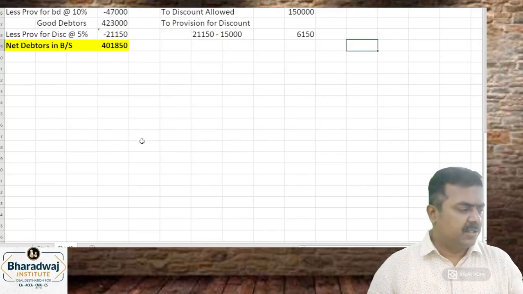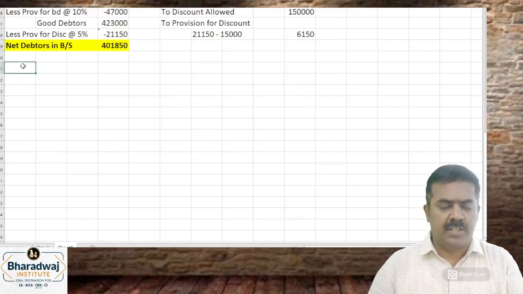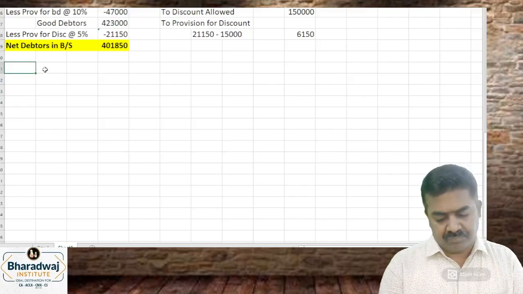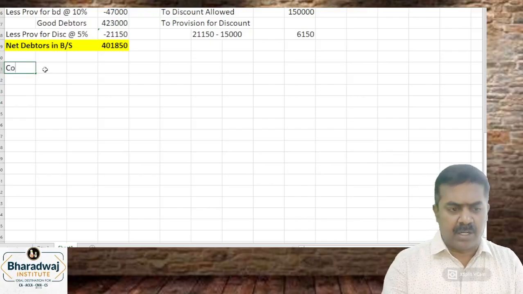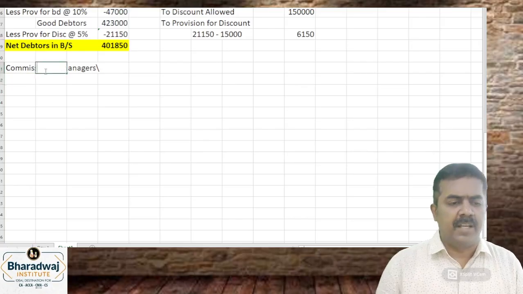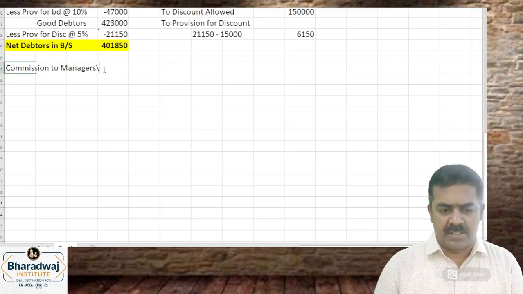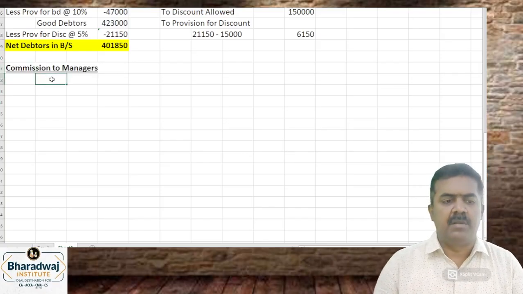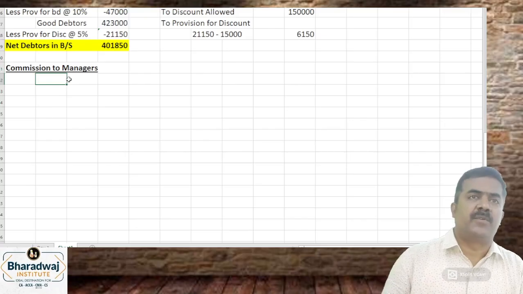The next area to understand is how to find out commission to manager. For example, you are appointing a manager to take care of the business. They are paid a commission. Normally, the commission will be paid to the general manager based on the net profit.